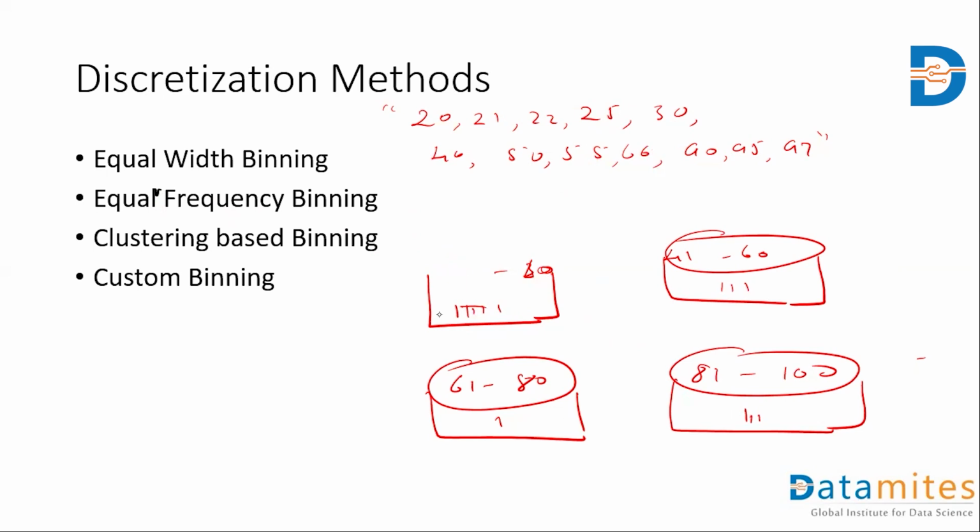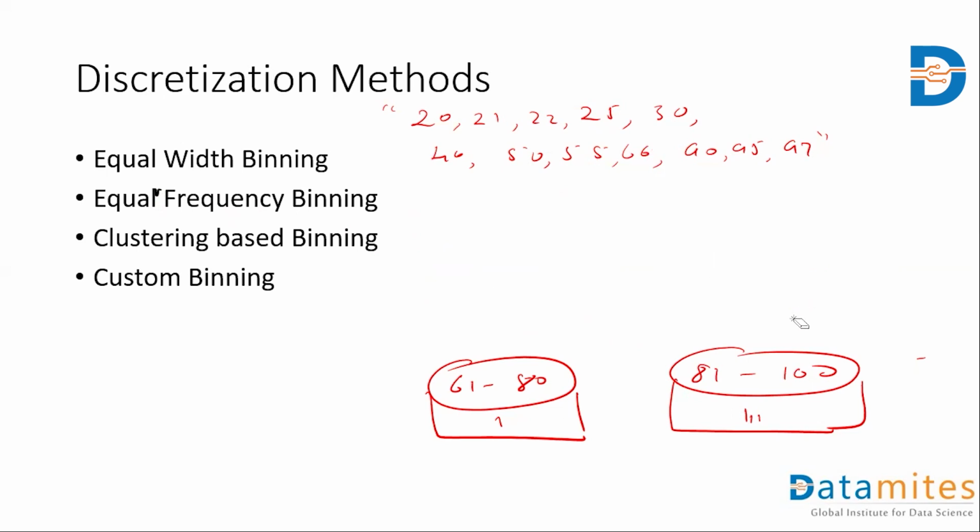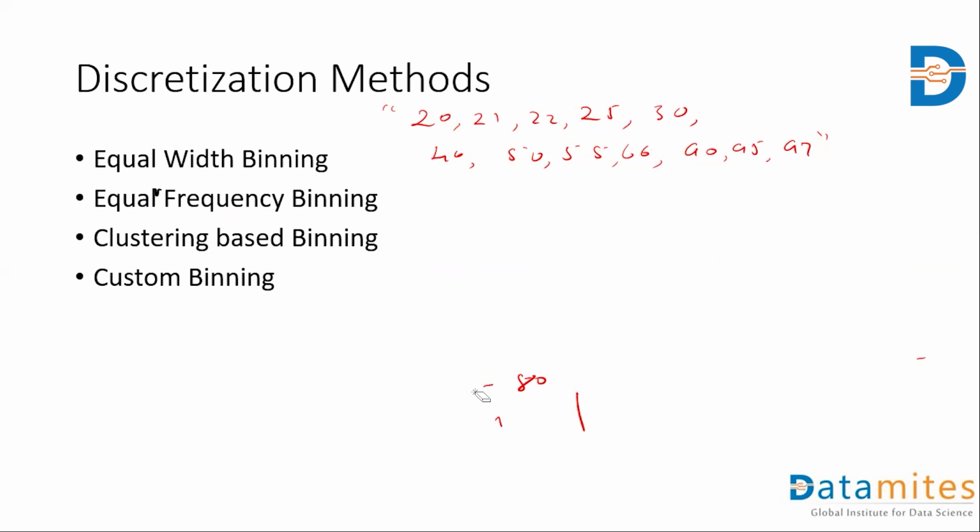So equal frequency binning is focused on one thing: it is going to create bins which have an equal number of members. Say over here I have 1, 2, 3, 4, 5, 6, 7, 8, 9, 10, 11, 12. I have 12 members over here. Let's say I want to create 4 bins, right?